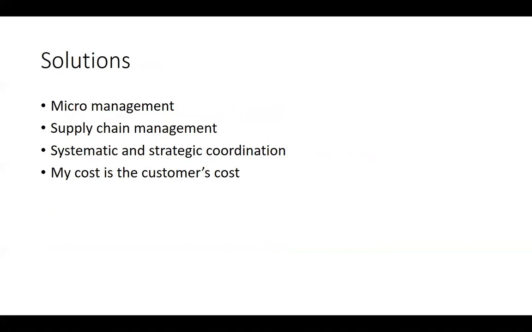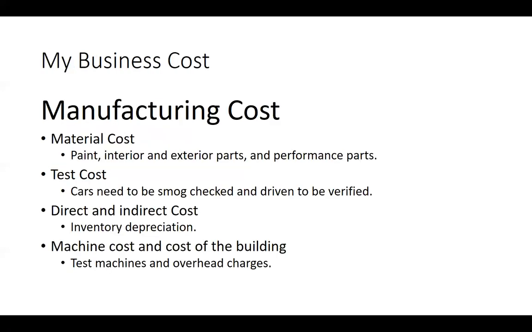Solutions are micromanagement, supply chain management, systematic coordination, and my cost will also be the customer's cost. So micromanagement will be focusing on each area of the manufacturing cost listed here and work with my team to purchase supplies at a surplus value and at the cheapest rate.